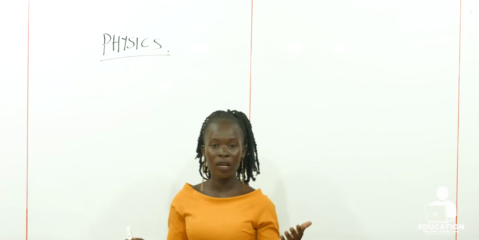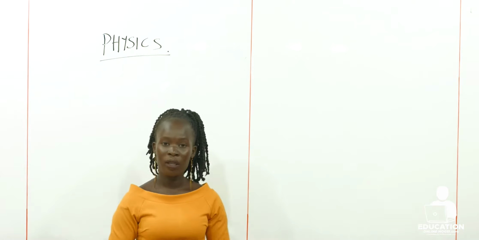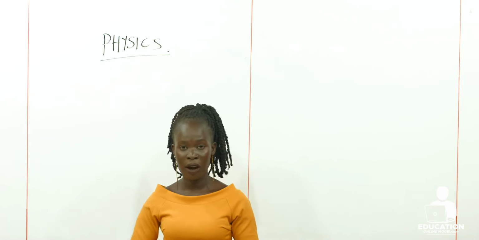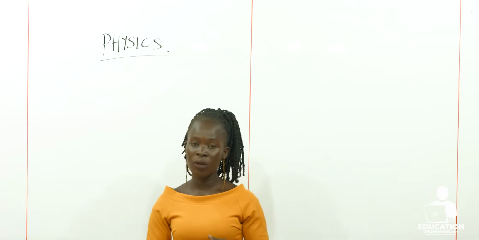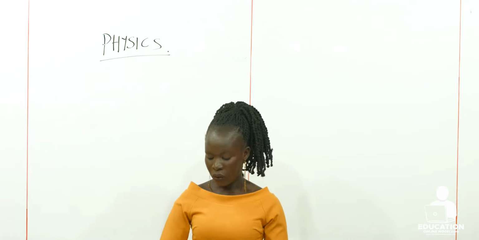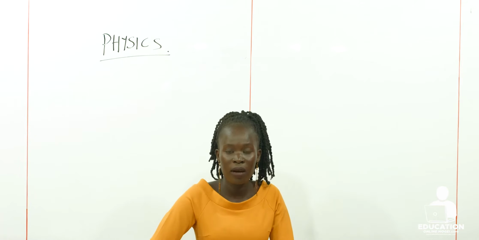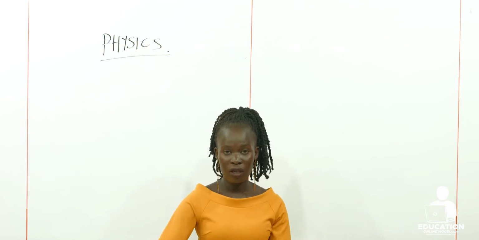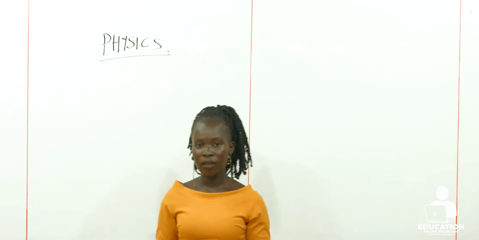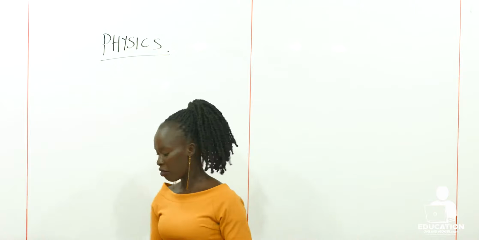We looked at how a body moving with a constant velocity looks in a distance time graph, what happens when the body is moving with a non-uniform velocity, and what happens when the body is coming back to rest. So today we shall be learning about the velocity time graph.